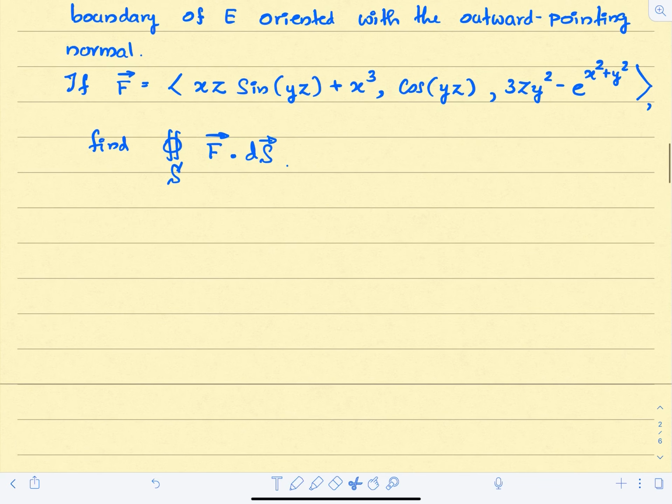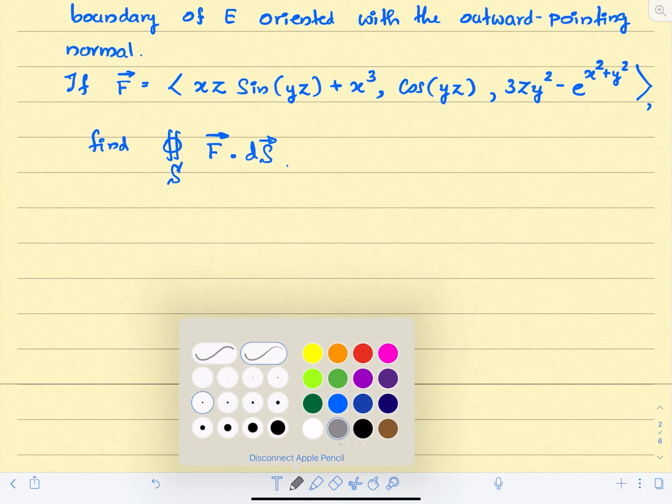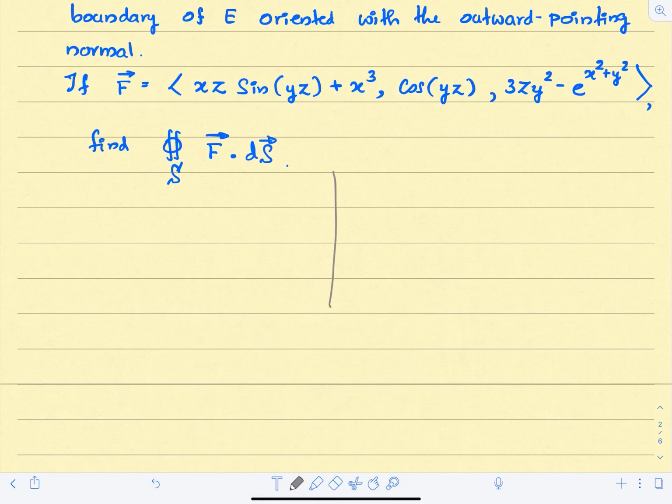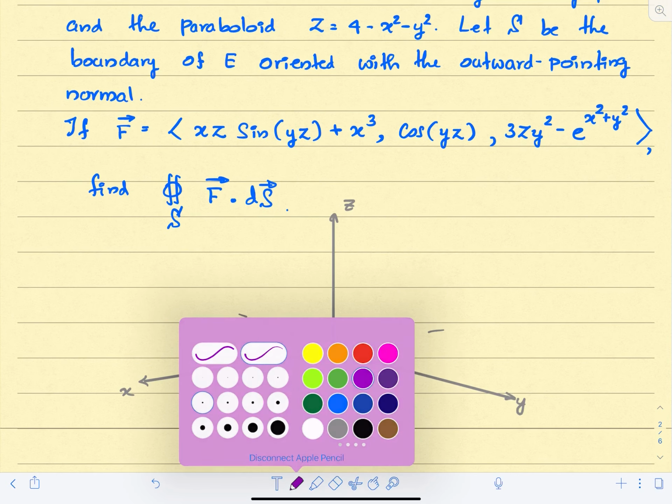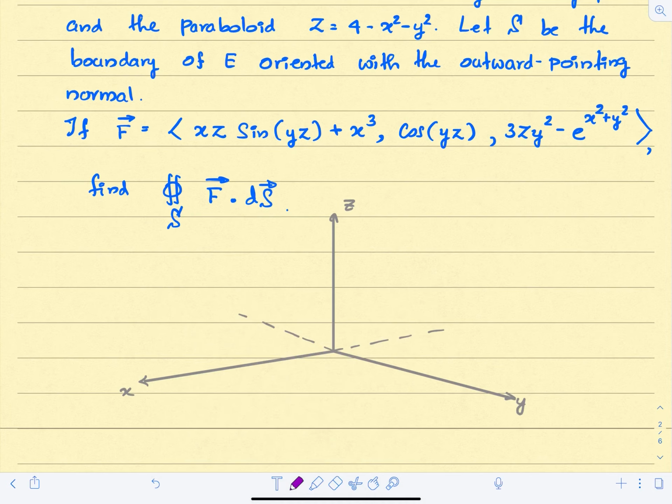So if I draw a picture, we have the x, y and z axes. Then we have the paraboloid 4 minus x squared minus y squared. The paraboloid opens downwards.